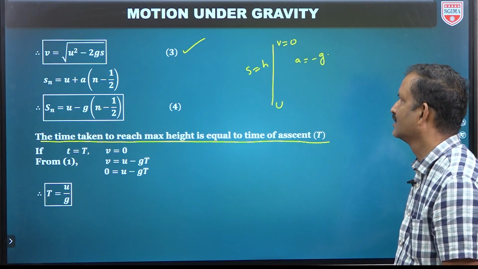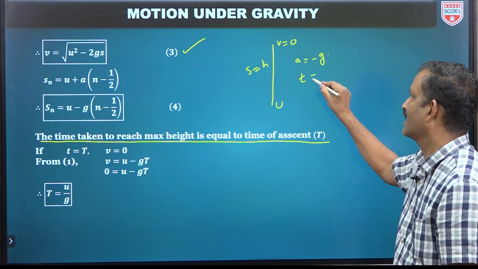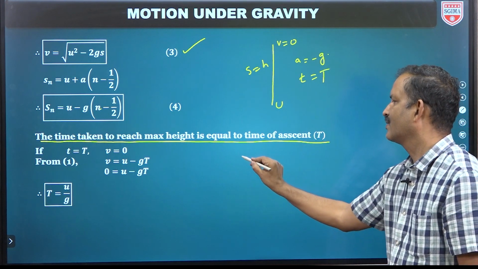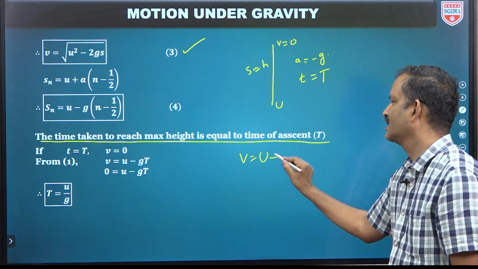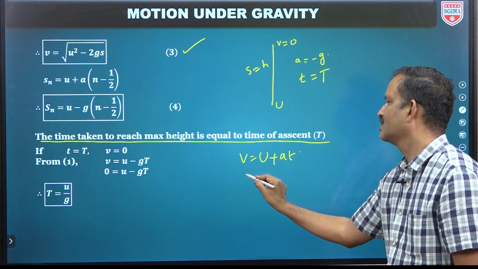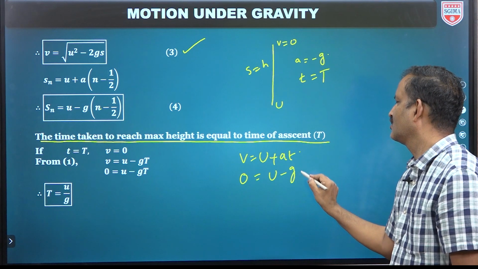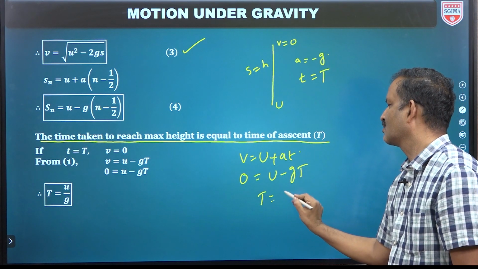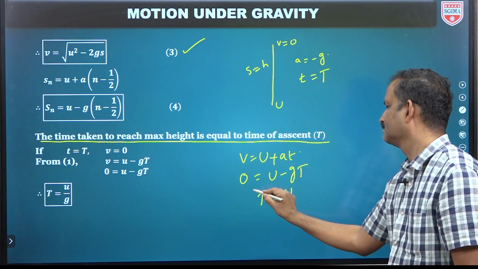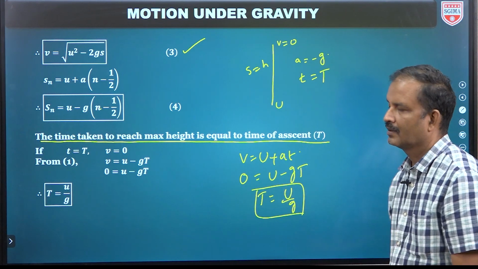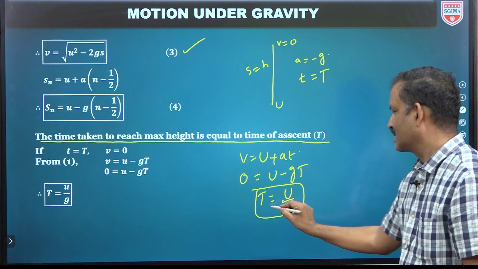We can apply the formula v is equal to u plus at, 0 is u minus g into T. So, time is equal to u by g. This is the time of ascent.